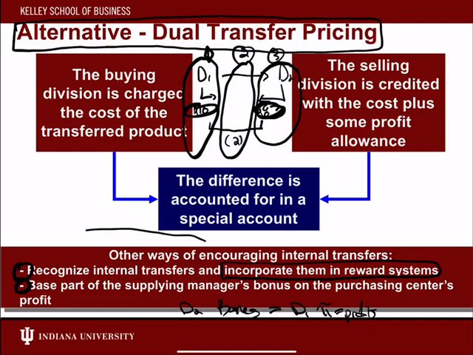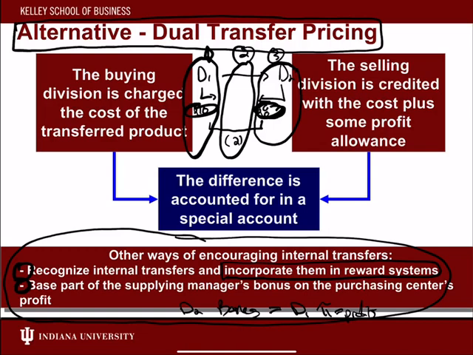But these down here are other ways to encourage internal transfer prices: building it into reward systems, having the manager's bonus depend on their supply and customer divisions. Those are really interesting ways to incentivize transfers and have the different divisions give each other really good pricing.